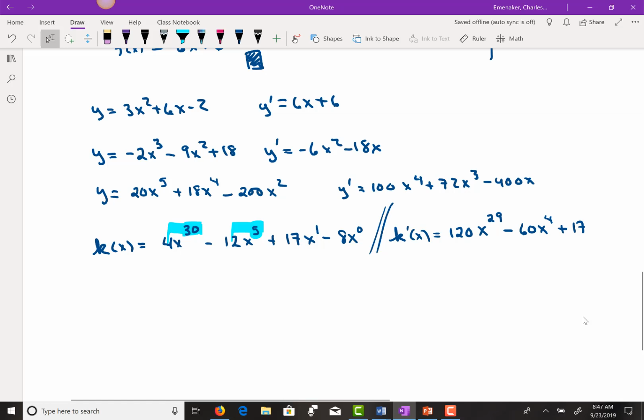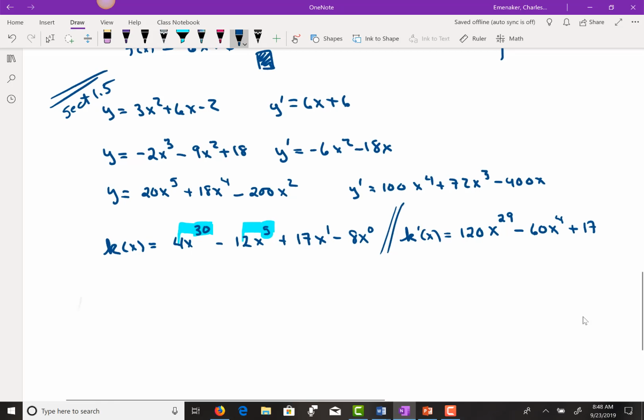Now, the cool thing about this is, when we slid into this, we got into section 1.5. I don't know if you noticed it felt like a new section or not, but if you're thinking this feels like a new section, it is.